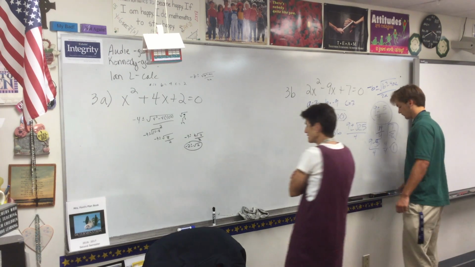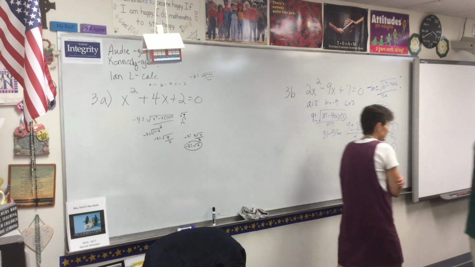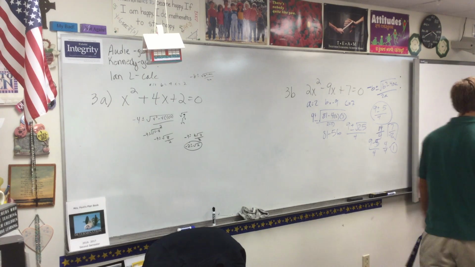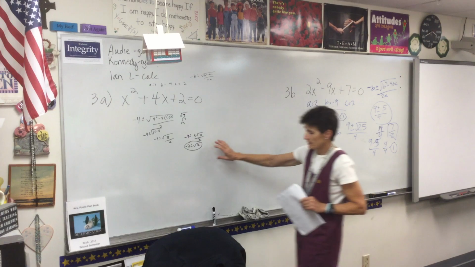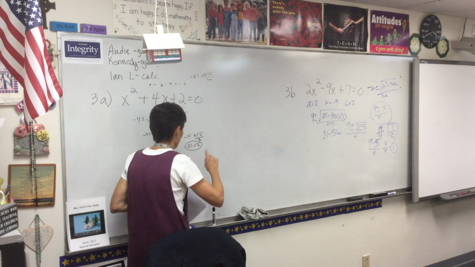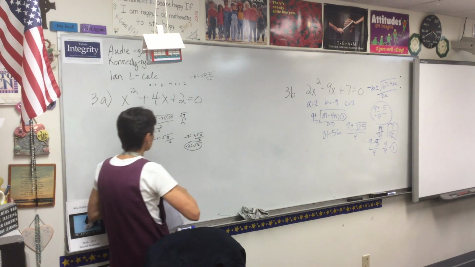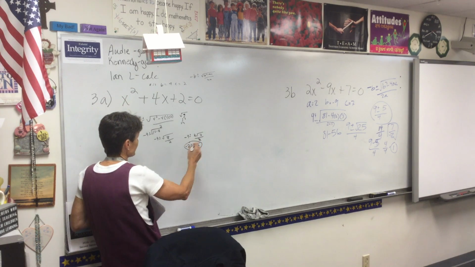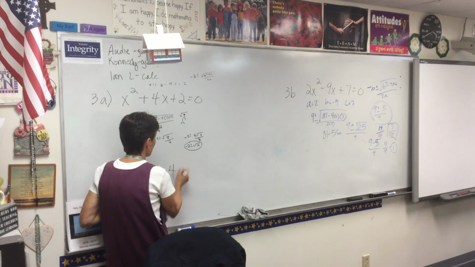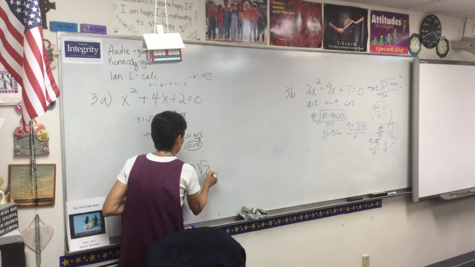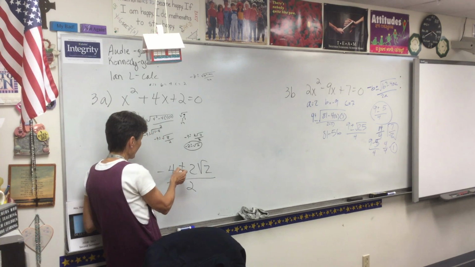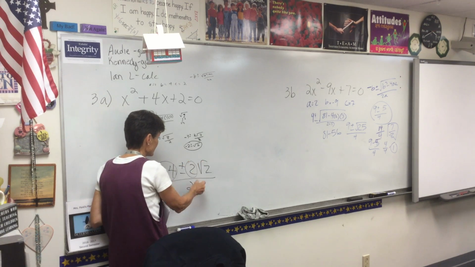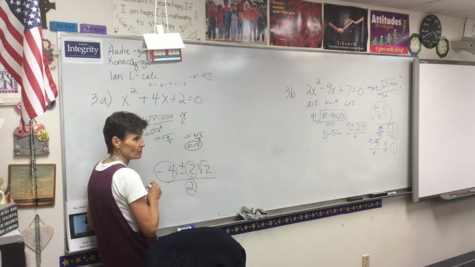Okay, let's take a look at the answers the guys got and see what you think. Negative 2 plus or minus root 2, perfect. This is the right answer. Now, did you guys who used the quadratic formula like he did, it's kind of small here, what he got was this. If you got that, did you recognize that these all reduced by 2?